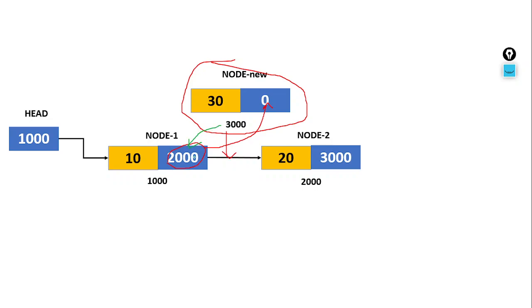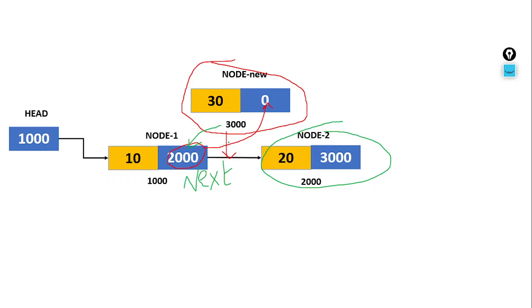I have to swap these two addresses: the address of the new node and the address present in node 1's next. The next from node 1 should be loaded to the next of new node, and the address of the new node should be loaded to the next of node 1. These two values should be swapped, right? And we are not going to touch node 2 here. Anyway, we are not going to touch node 2.